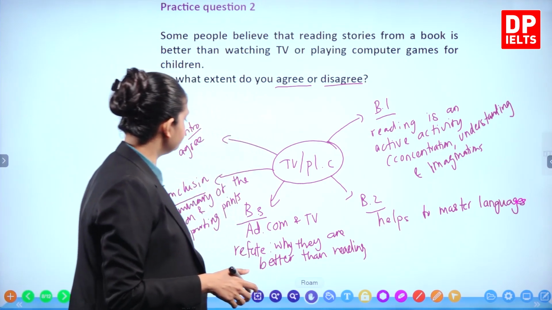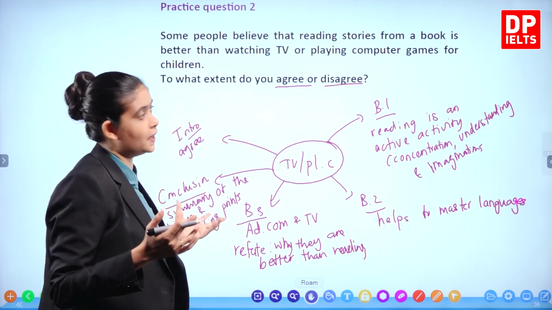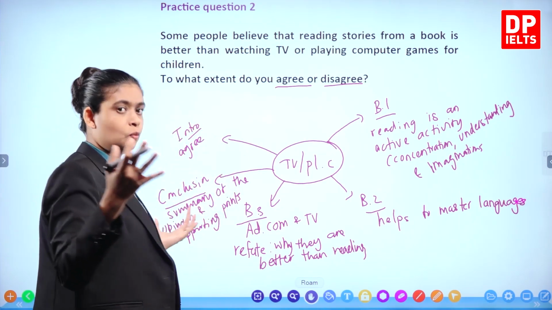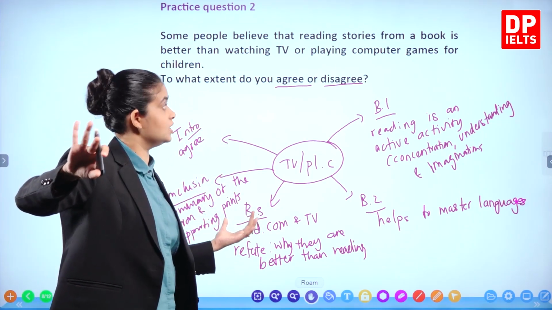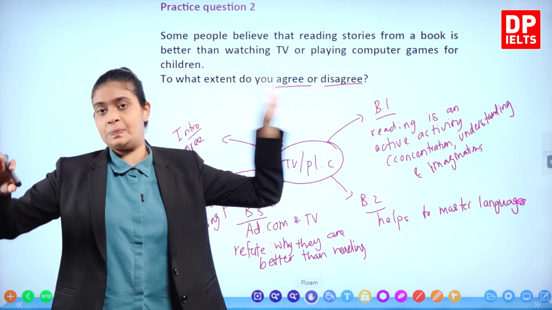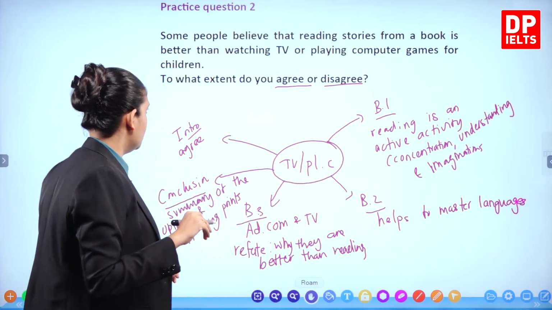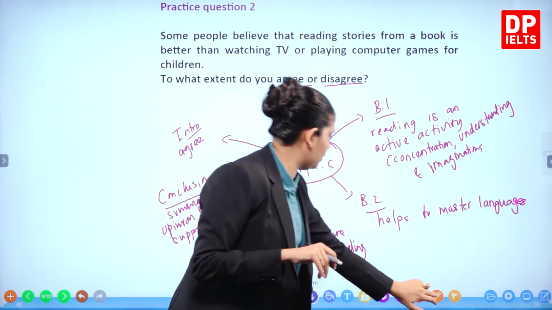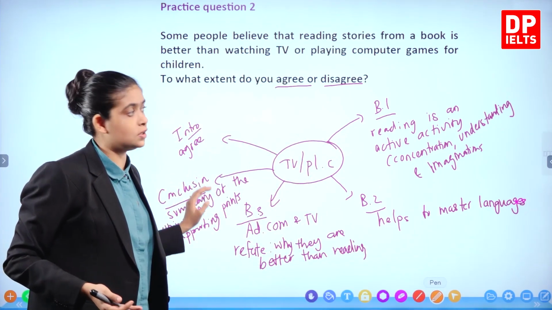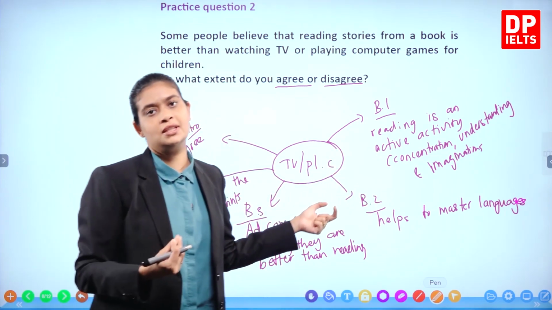Now here, there are two aspects you need to consider. They're talking about reading storybooks being better than watching television or playing computer games. You've got reading on one side, which is better than playing computer games or watching television. So I would say I completely agree with it. Why? Because I believe reading is an active activity.